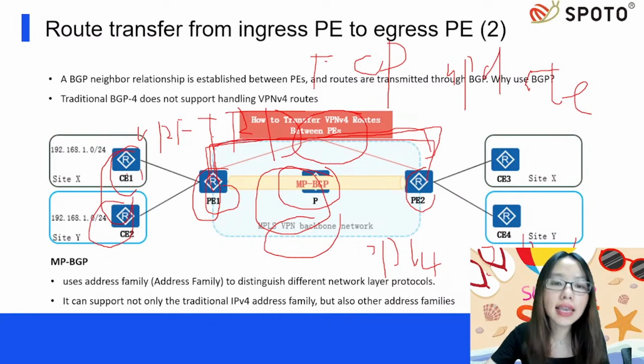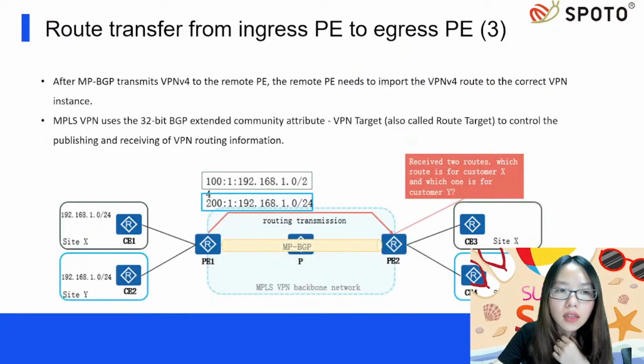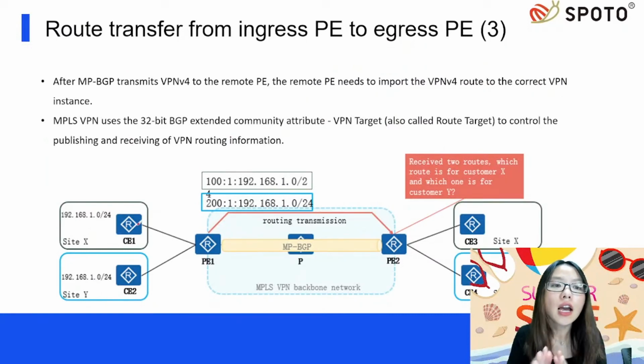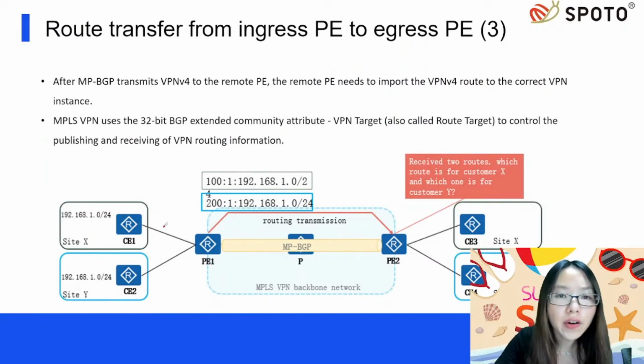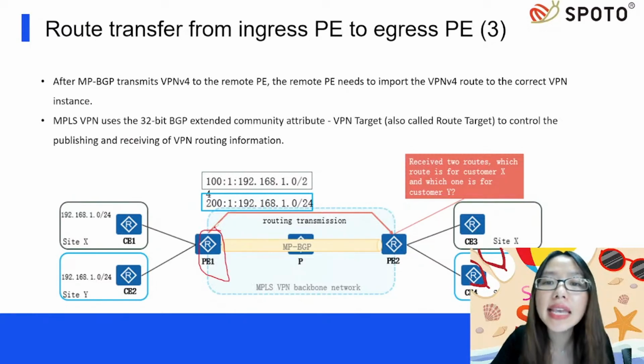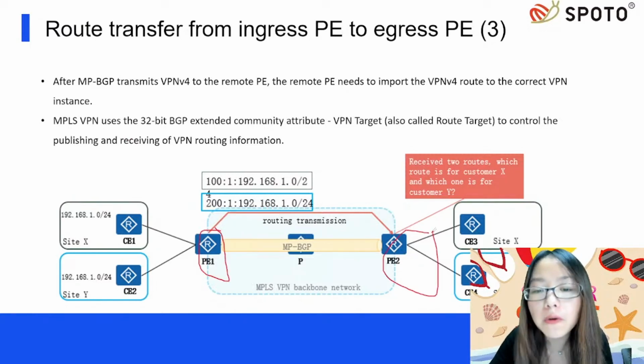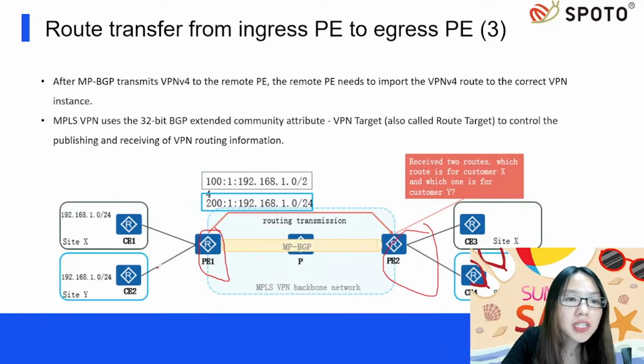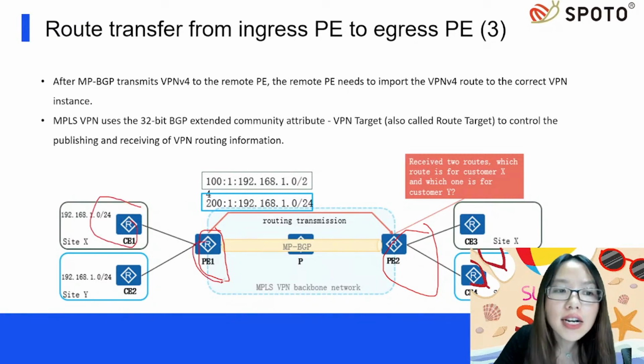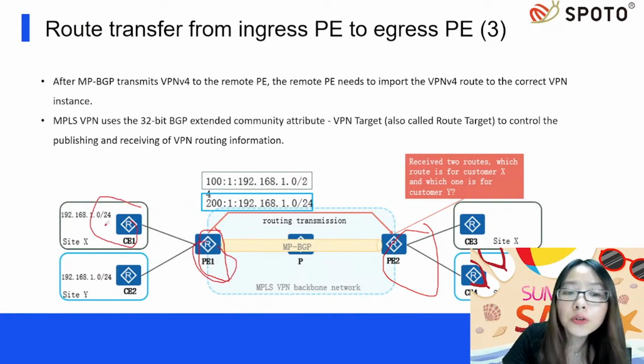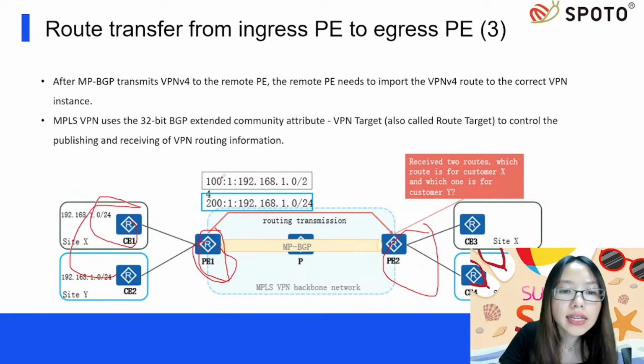So let's see the route transfer from the ingress PE to the egress PE. After the PE learns the route from the CE, it will add the RD.